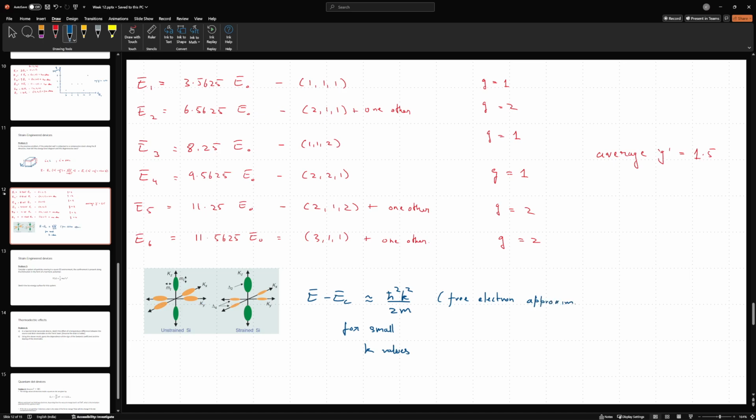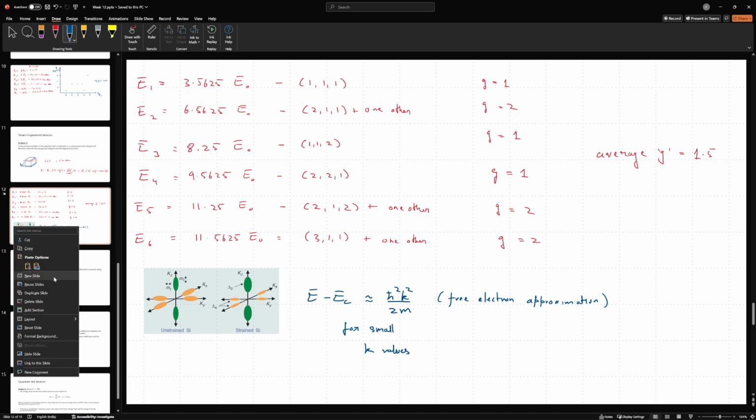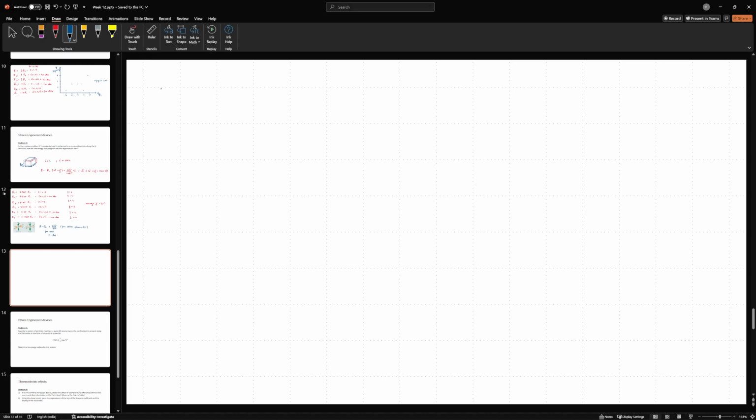Okay, because of this, I can say EC is equal to h bar squared upon 2m star, which is the effective mass in the conduction band, into kx naught squared plus ky naught squared plus kz naught squared.